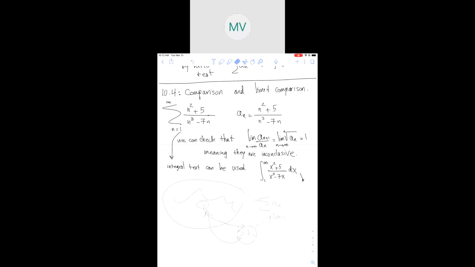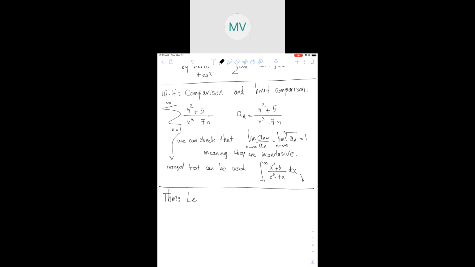Let me write down how it works. So, theorem. Let me see what notation they're using. Limit comparison. Comparison. Okay.